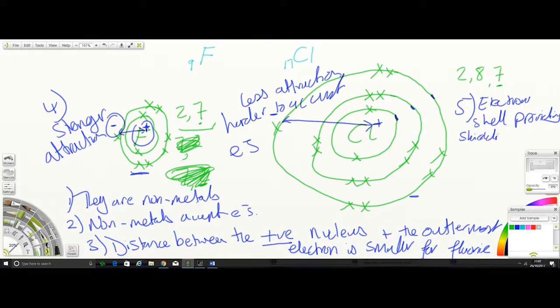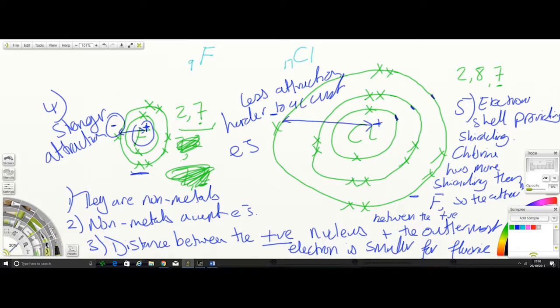So in other words, chlorine has more shielding than fluorine. So the attraction between the positive center and the outermost electron shell is weaker.